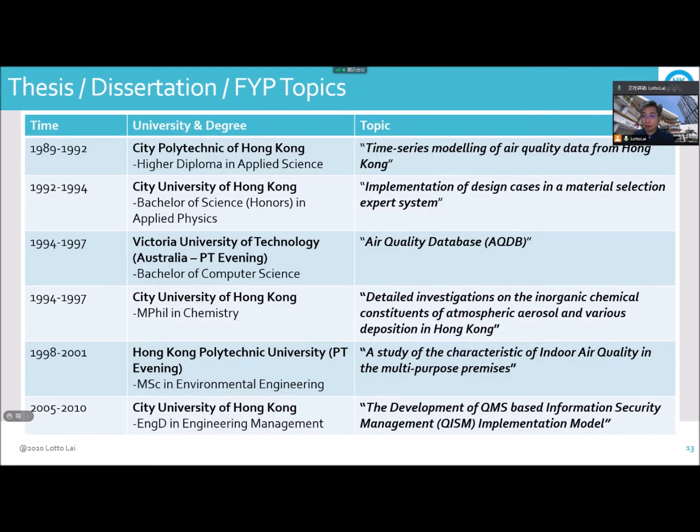For example, my thesis was a five-year project; in the past, my five-year project was related to air pollution, to some degree related to an air quality database, and then my MPhil and master's degrees were related to atmospheric aerosol and also indoor air quality. It has some benefit.